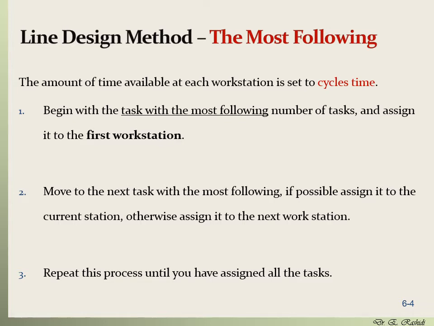The second most following goes next, and if it's possible, assign it to the current workstation, if it still has room considering the cycle time and the first task that you assigned to it. Otherwise, assign it to the next workstation. And repeat this process until you have assigned all the tasks. So we're going to do an example to see how this works in practice.